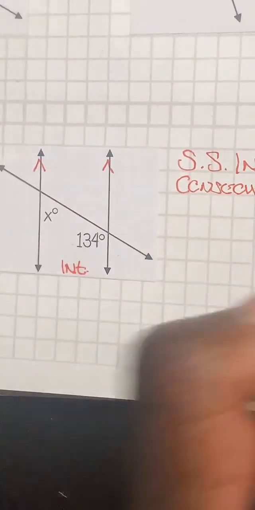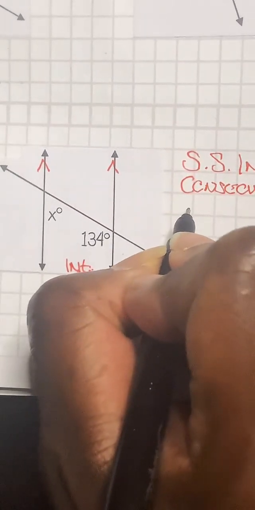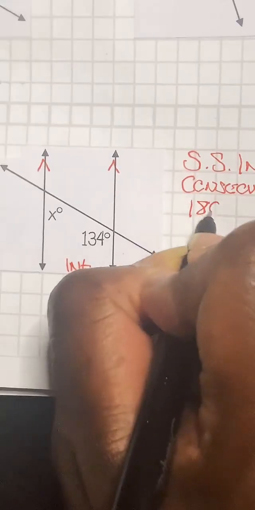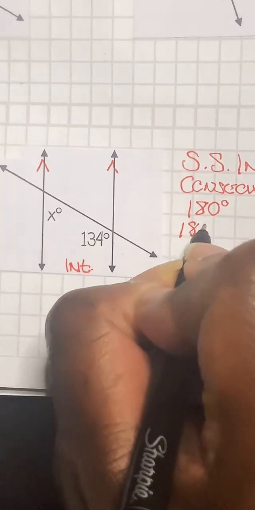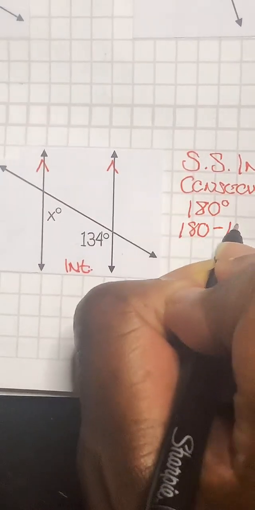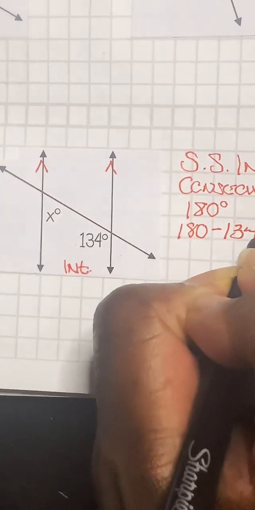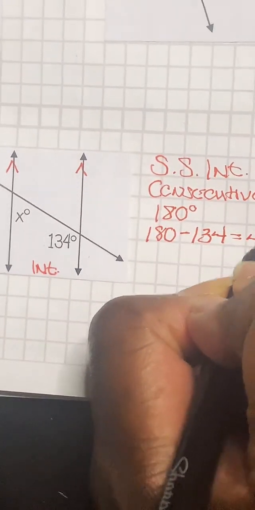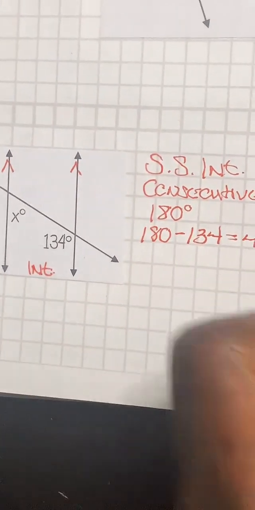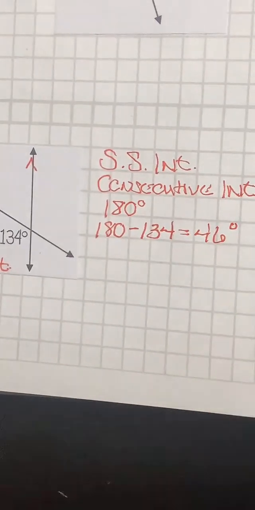Okay, same side interior, consecutive interior, that's definitely going to be equal at 180 degrees. So since you have your 180, you know one of the angles is 134. So that will give you a winning 46 degrees. Good job, guys.